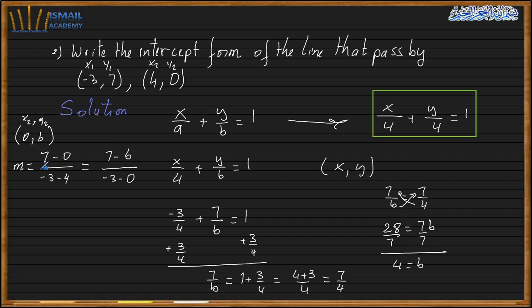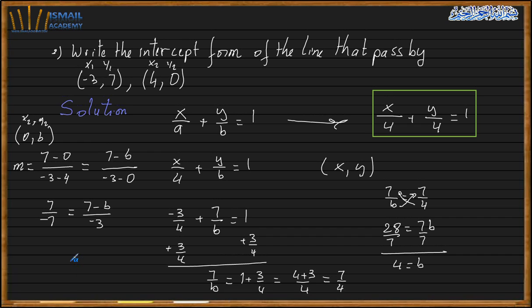So now here I have 5 over 7 equal 7 minus b over minus 3.